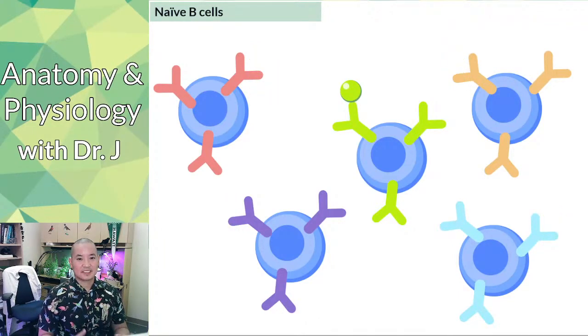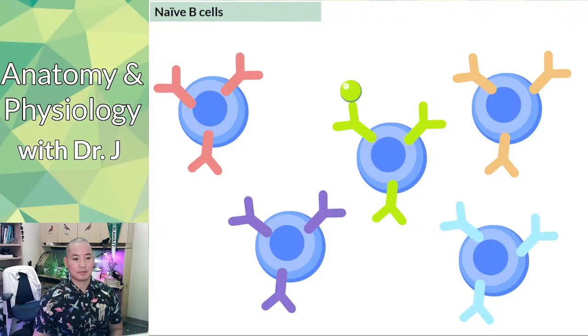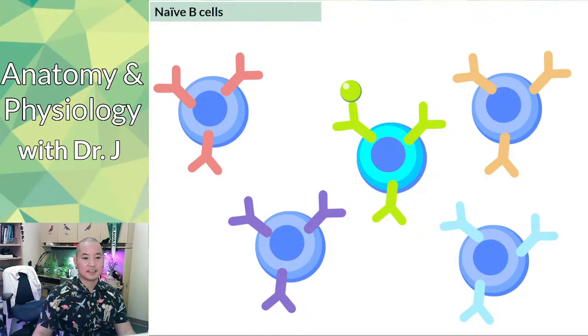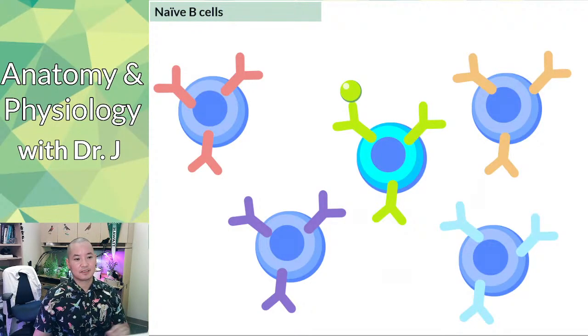This is why it's important to generate all these combinations and all these different types of B cells and T cells, in the hopes that one recognizes some antigen from some pathogen that's in your body. So this B cell right here recognizes the antigen, so this B cell will take the first step toward full activation. Not quite completely activated, but it's on its way, so it's no longer naive.